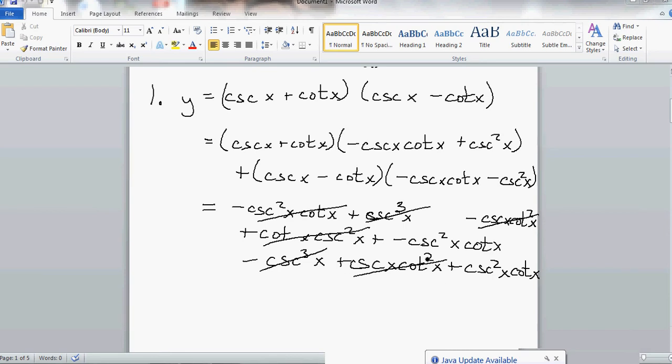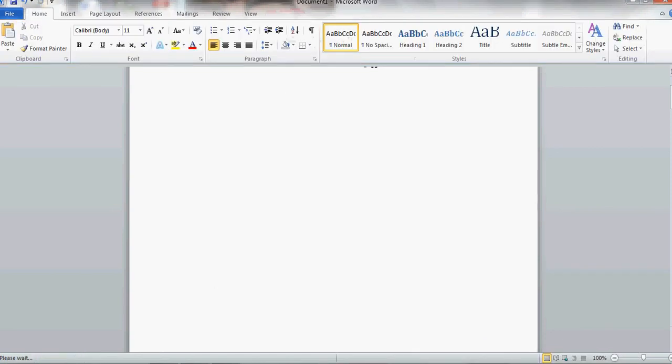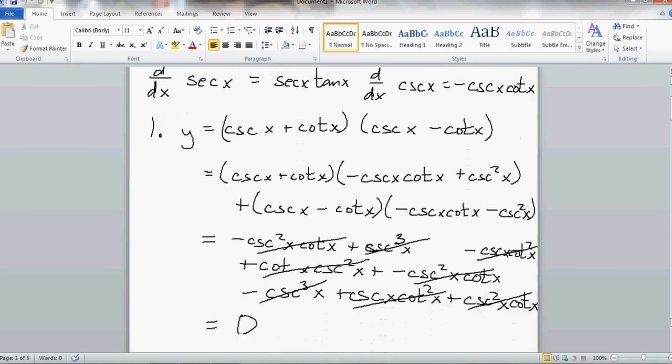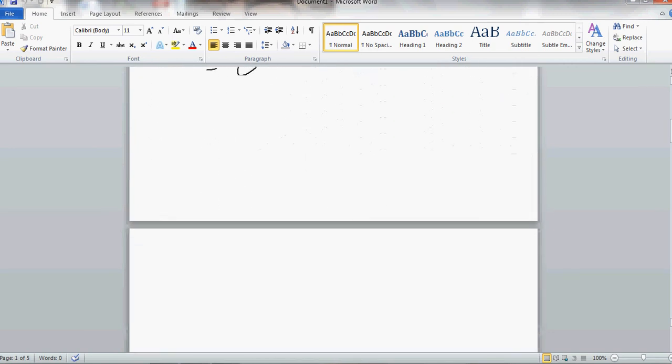And negative cosecant squared x cotangent x plus cosecant squared x cotangent x cancel each other out. So absolutely everything cancels out to become a big 0. So the derivative of that whole mess is a big 0.